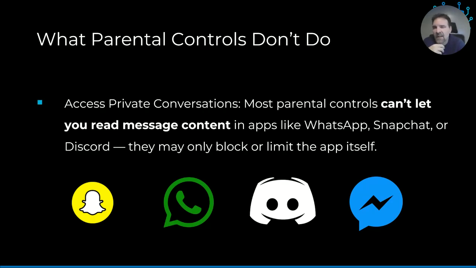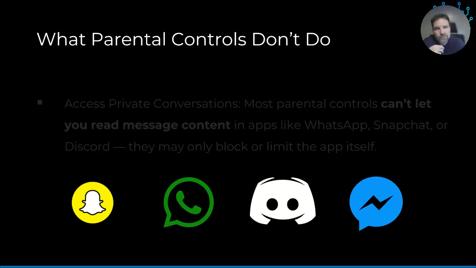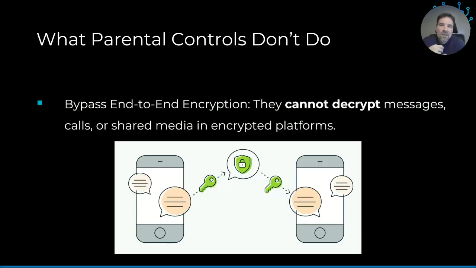Roblox is another app that, even though it has its own parent controls, and these apps have too, is one that I highly recommend that you supervise and that you inspect what's going on there, because it's a very dangerous environment. And any other app that has cryptography, right?